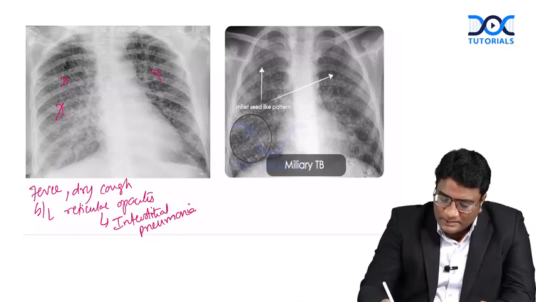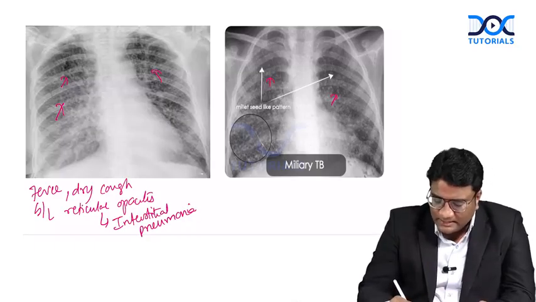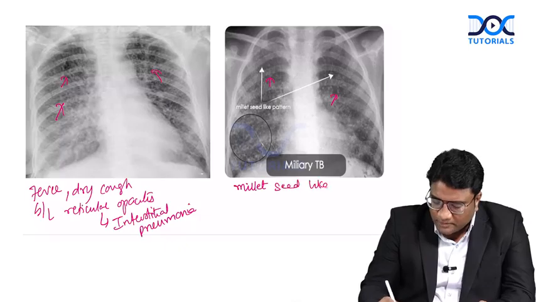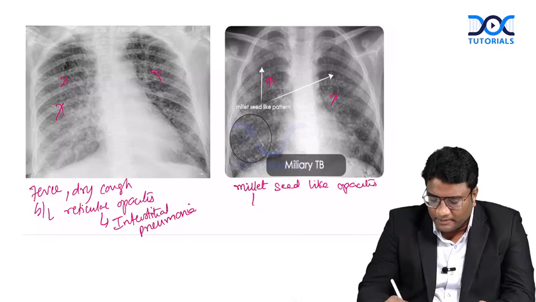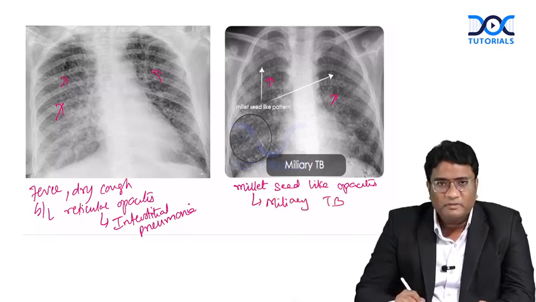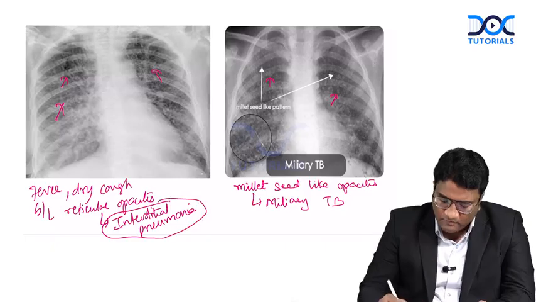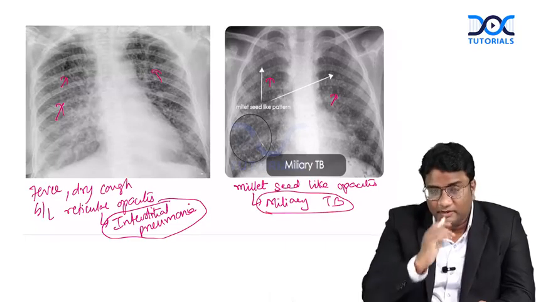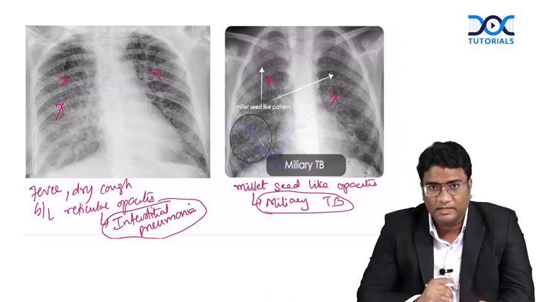And if you see small seed-like opacities, millet seed-like opacities, bilateral in diffuse lung fields, think of miliary TB. Both of them are fever patients. Both of them have cough and fever. Then how do you differentiate? Both of them have bilateral lung field involvement.